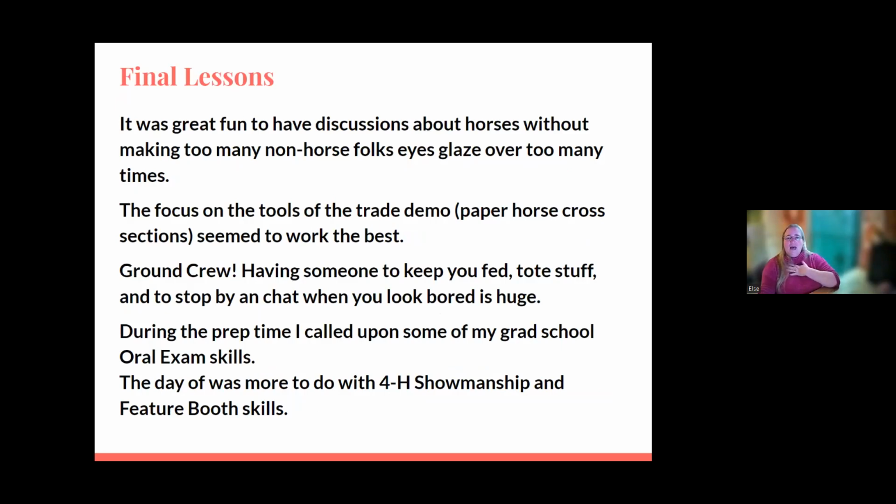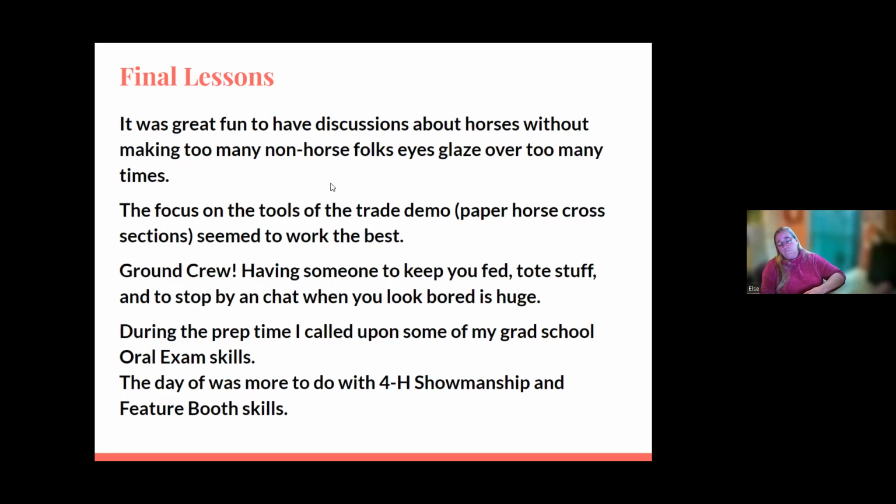For me, I don't want people's eyes to completely glaze over when I talk with them about horses. So it's a good chance for me to interact with them, watch for where that level is, and develop my techniques and my ability to interact one-on-one, where I'm educating them and I'm also not boring them to tears, because it is really easy for them to move on to the next thing. So that's a good trial by fire for me.